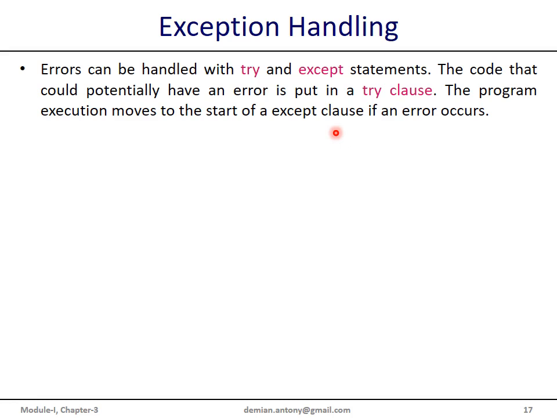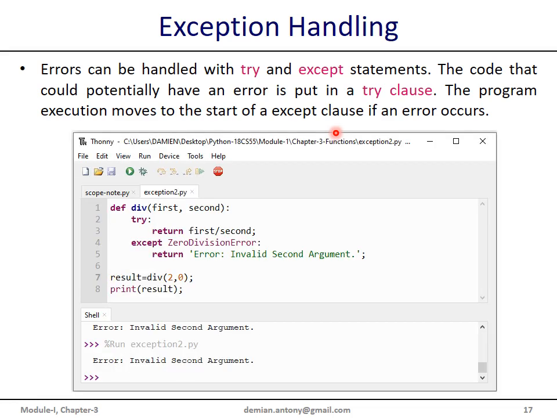Let us take up the example. Let's consider the same example. Let's equip the same division function to handle the exception, division by 0. Let's safeguard this code with the try clause.